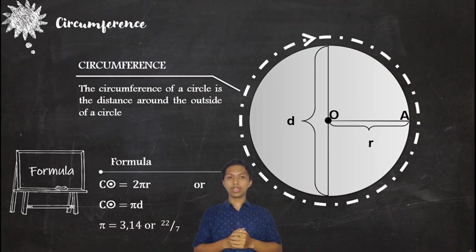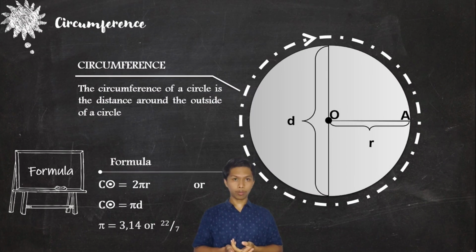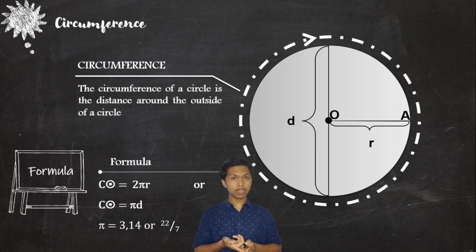Next, we know that the equidistant points we have drawn combine to form the circumference of a circle. The circumference of a circle is the distance around the outside of the circle. The formula for finding the circumference of a circle is circumference equals pi times the diameter.